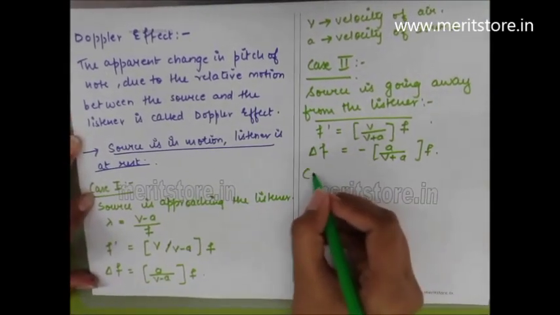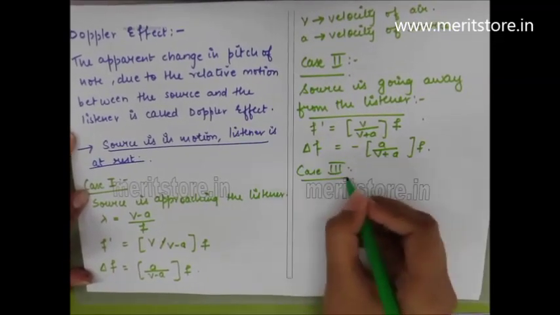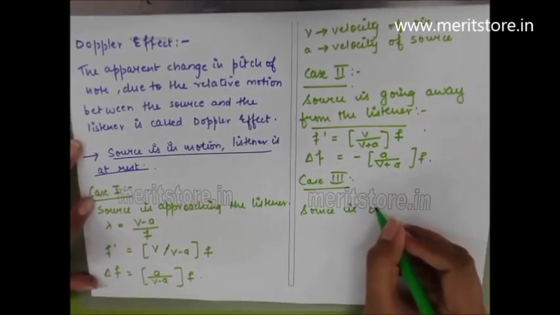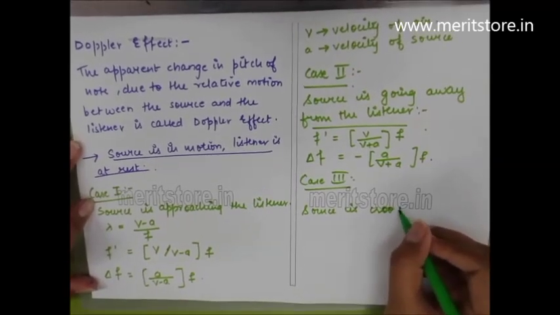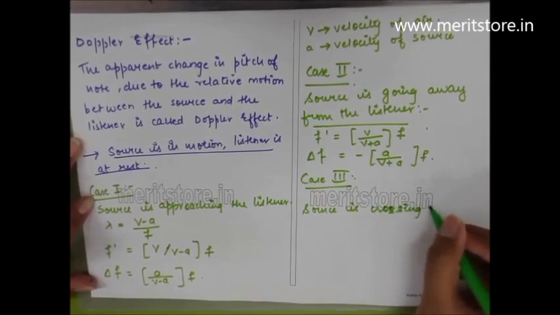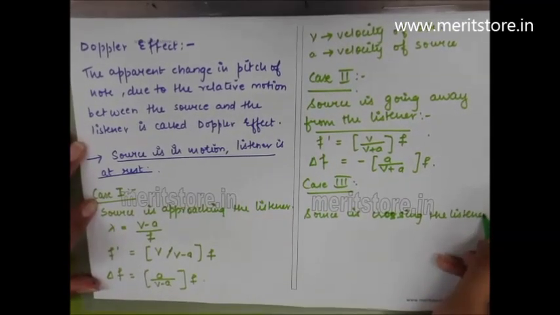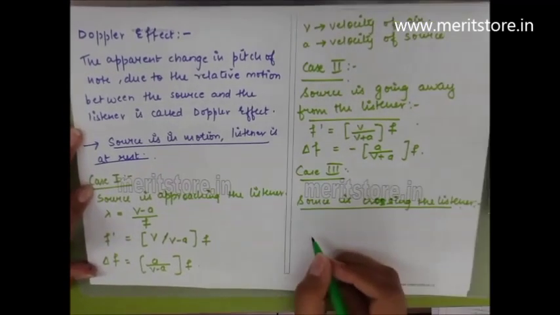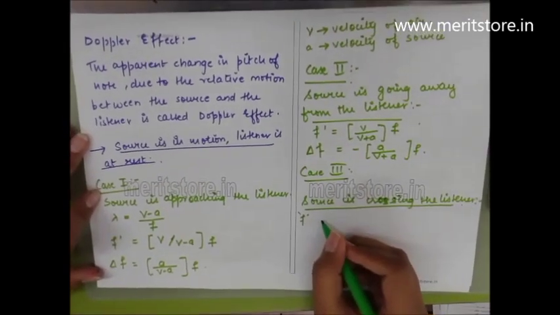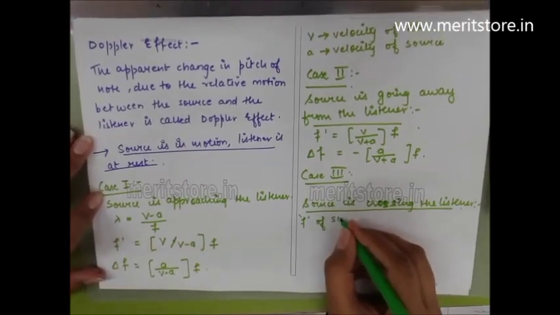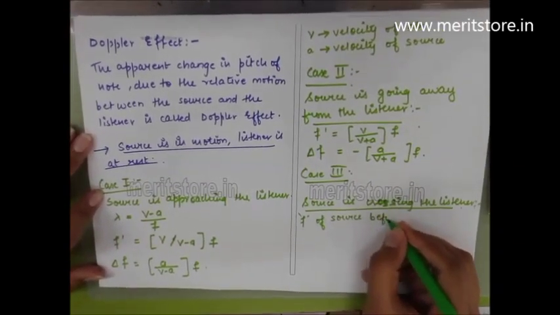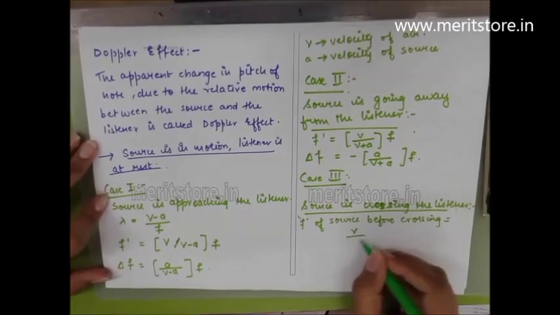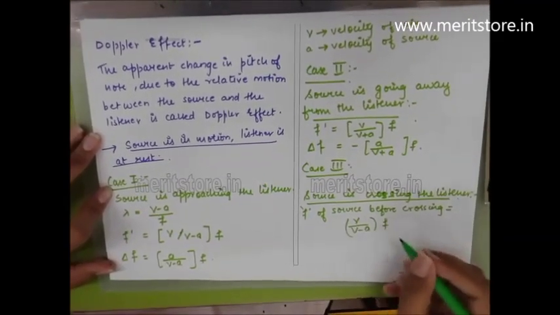The case 3, when the source is crossing the listener, that is, we can consider the source is passing by a listener. The apparent frequency of source before crossing is given as v upon v minus a multiplied by f.